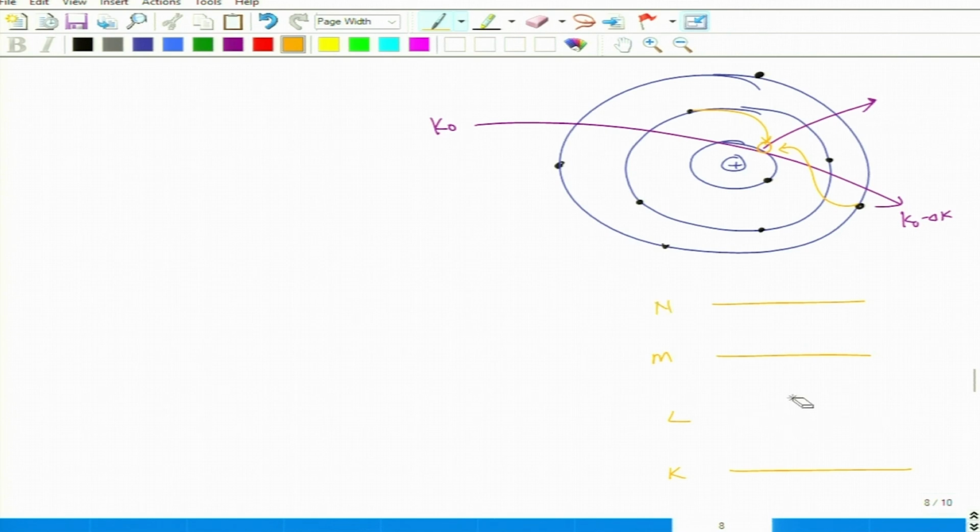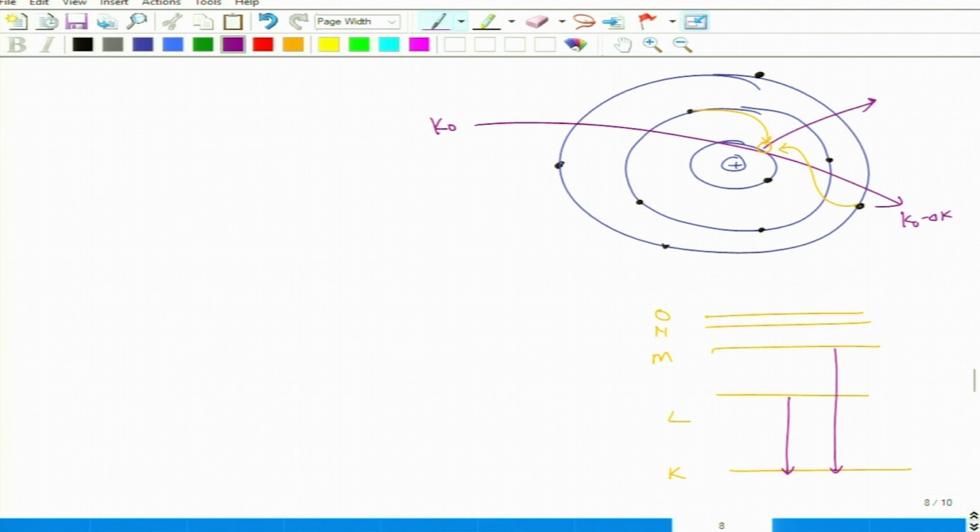This spacing should not be like this, n, o. So now if there is a vacant spot in k, then one electron will come from the l or m. It can be the case.